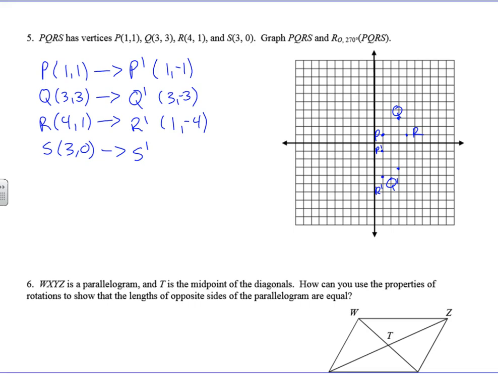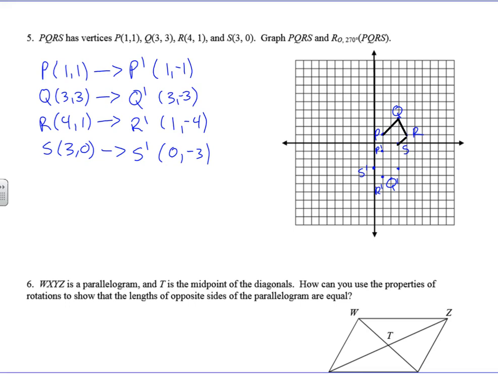Okay, and then S, which is (3, 0). Turn the paper left once, twice, 3 times. That's (0, -3). So (0, -3). There's our S prime. So S. Okay, so P, whoops. Get our line here.